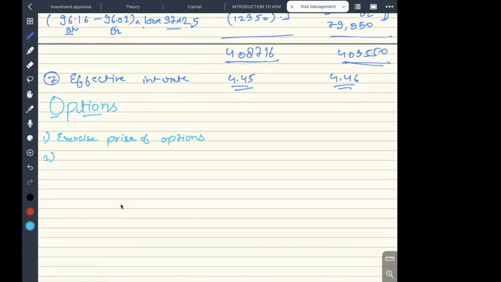Step number 2, future closeout price. But it is very simple actually. Number 3, should we exercise or not? Step number 4, gain in basis point. Gain in basis points only if it's yes above.